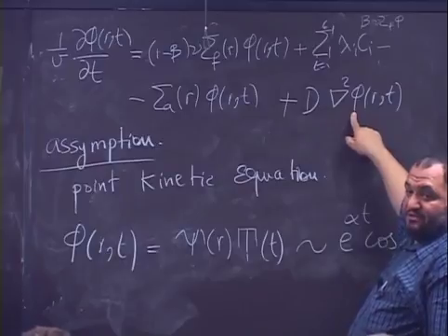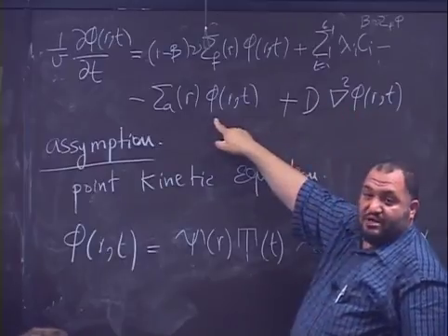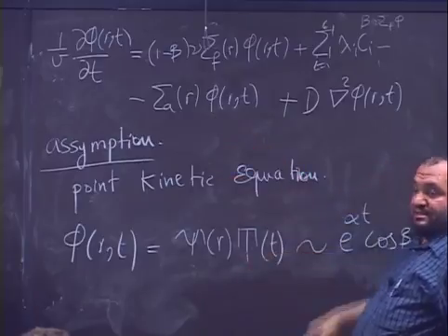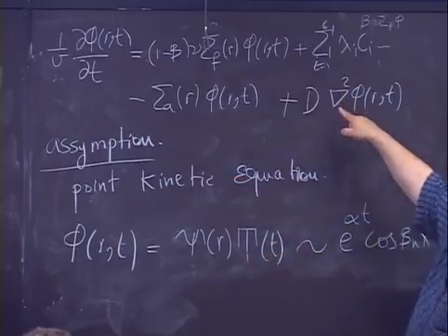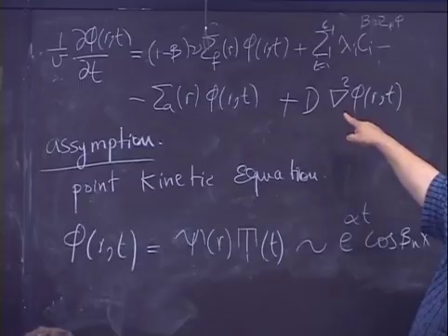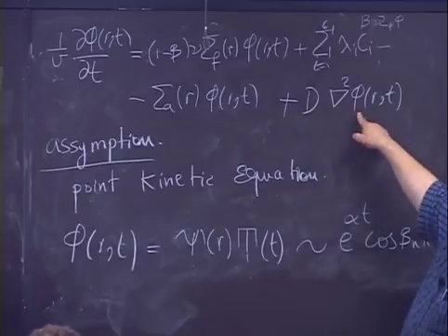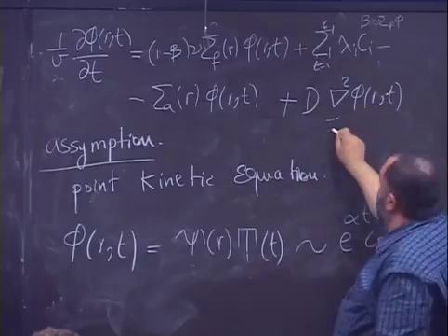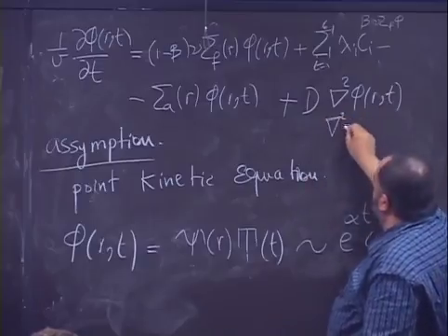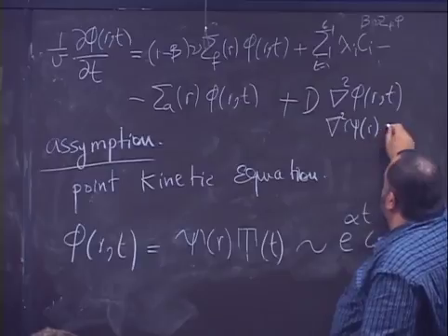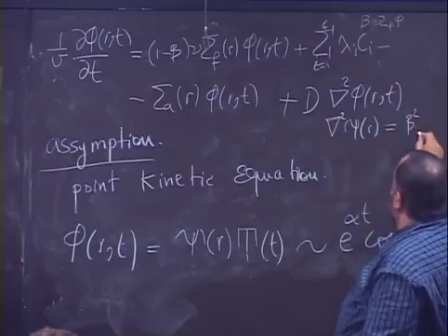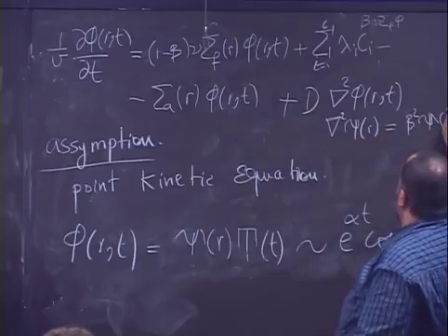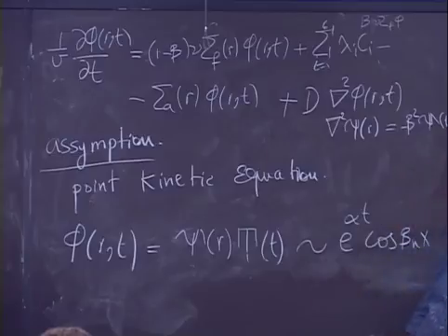Somebody will say, but this is a differentiation with respect to space, so I cannot get rid of psi of r. But you remember that nabla square psi of r is equal to minus B square psi of r, from the reactor equation.